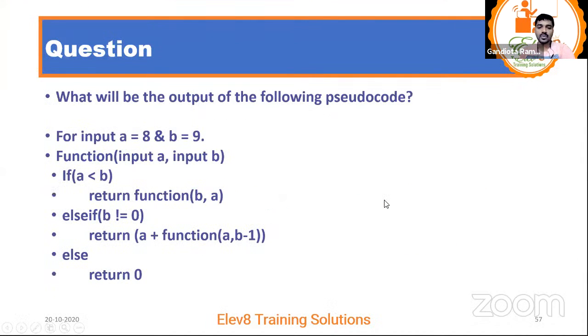First, what is the output of this given question? See, ma, this is the program.